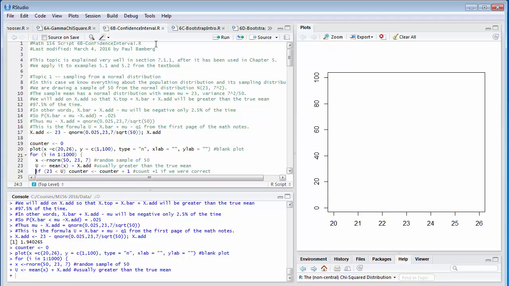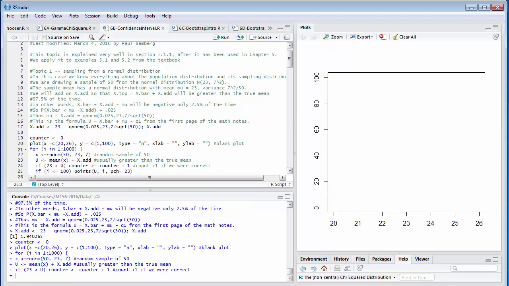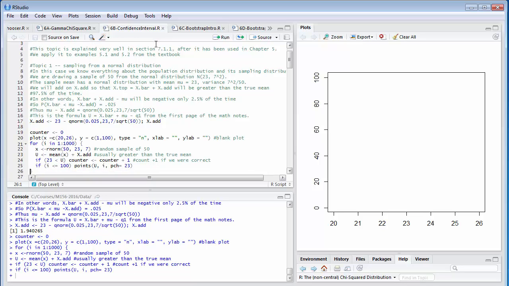If u is greater than the actual expectation of 23, we will add 1 to our counter. And for the first 100 tries, which is all we can plot, we will plot the value of u.